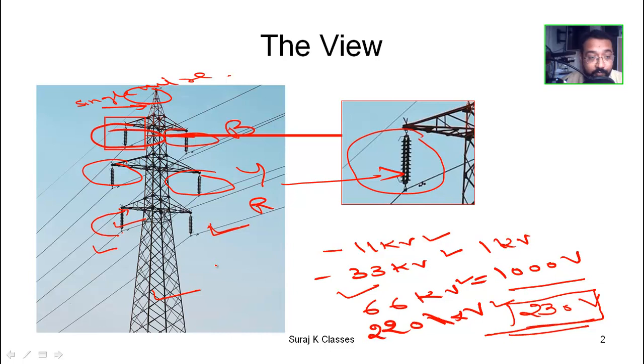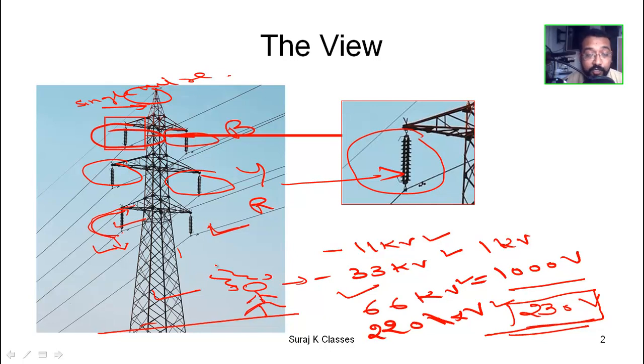So if I directly attach this transmission line to this tower, then the entire amount of electricity would flow through this tower, and if some person is present on the ground, he will get a very high electric shock and would be dead within a very small amount of time, instantaneously. So this is very, very dangerous.